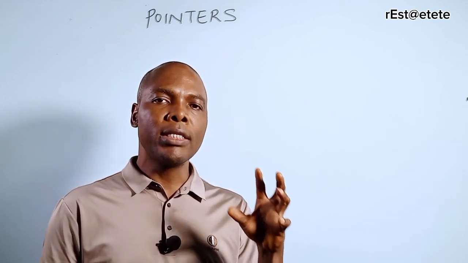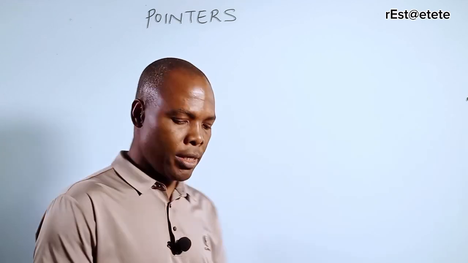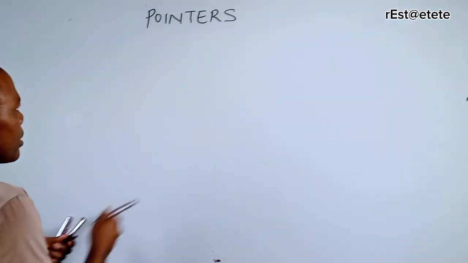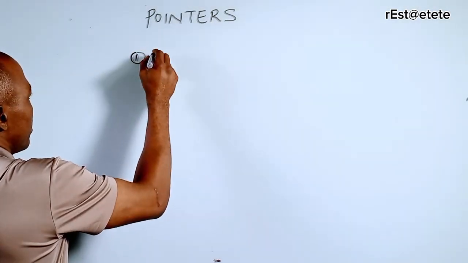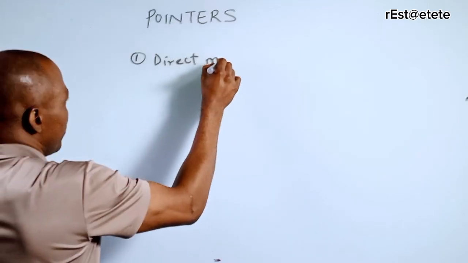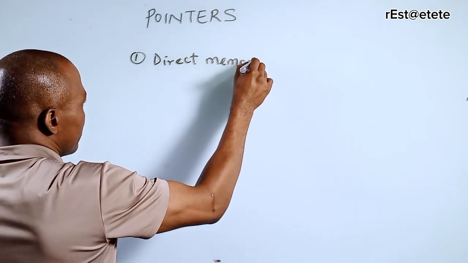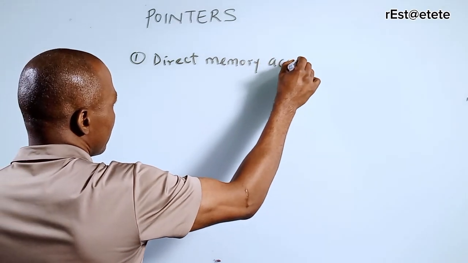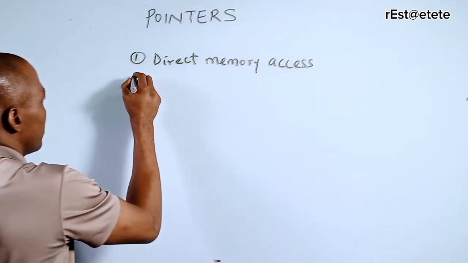So why do we need pointers in C? One, direct memory access, right?